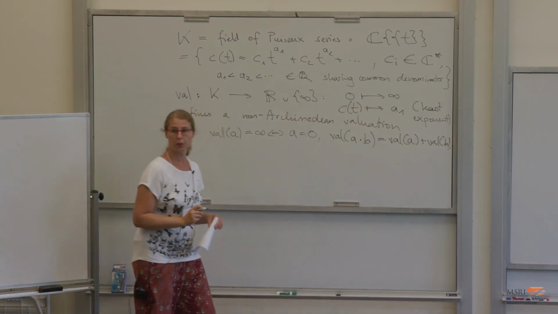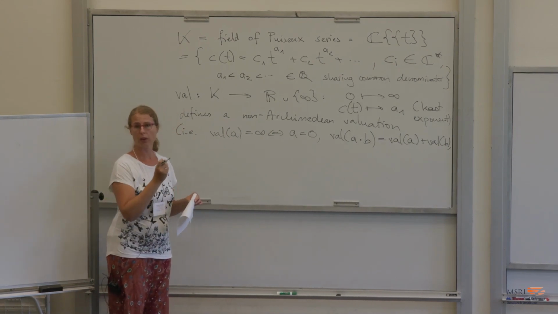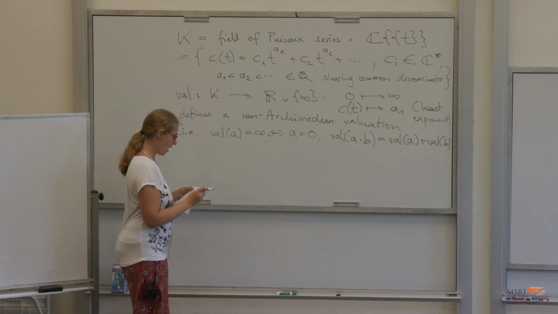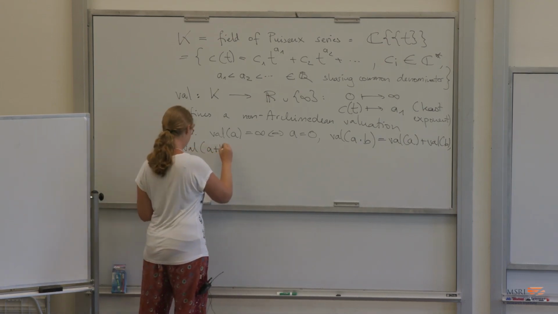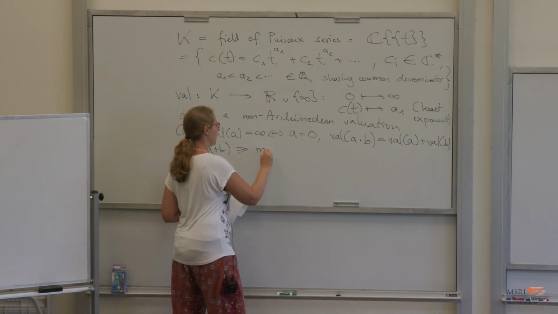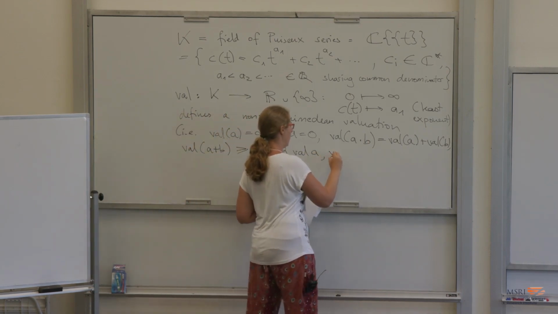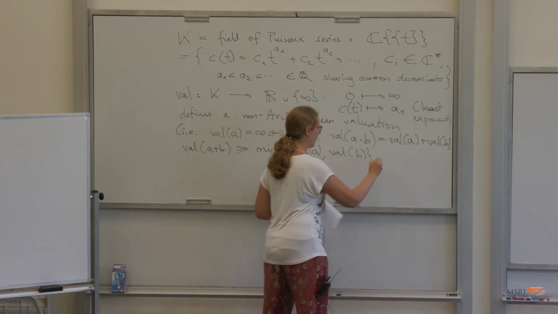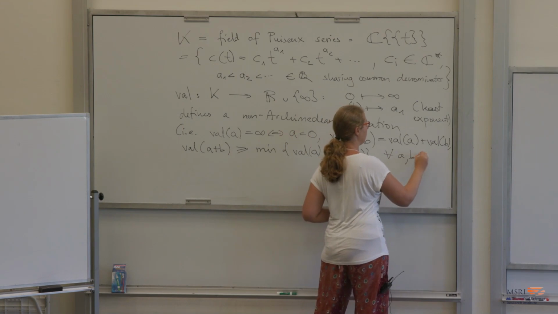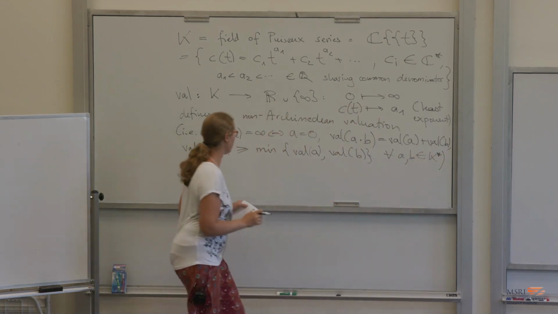Yeah, that's also true for us, because if we multiply two series, then the least exponents will just add up, right? And finally, the valuation of a sum is bigger or equal to the minimum of val a and val b. Yeah, and this has to hold for all a, b in K star to make this a non-Archimedean valuation.